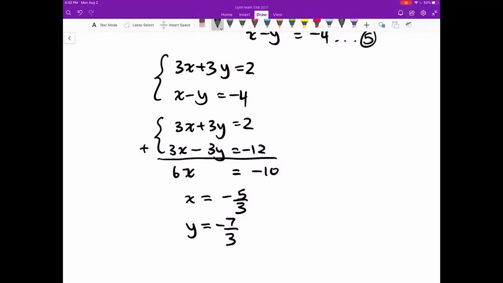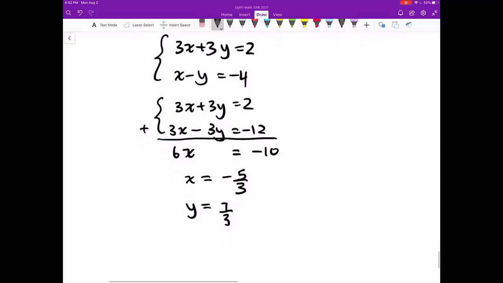Negative 5 over 3 minus y is equal to negative 4. It should be positive 7 over 3, I think. Yeah, positive 7 over 3. Okay, I think that's right.